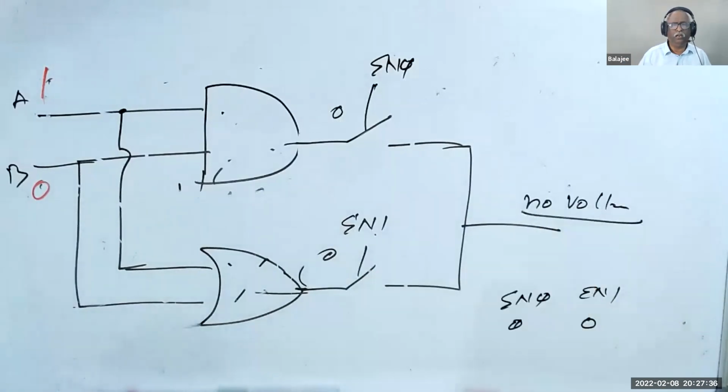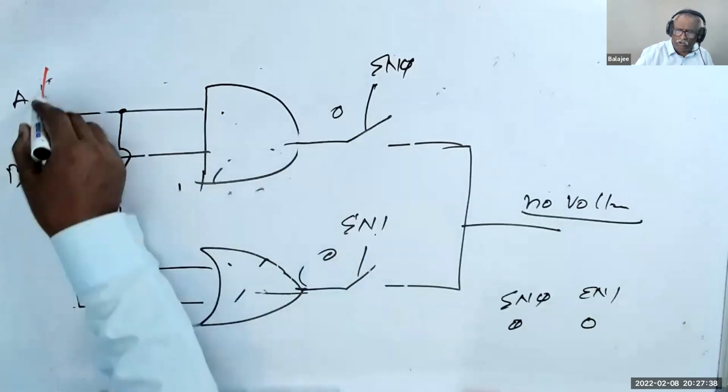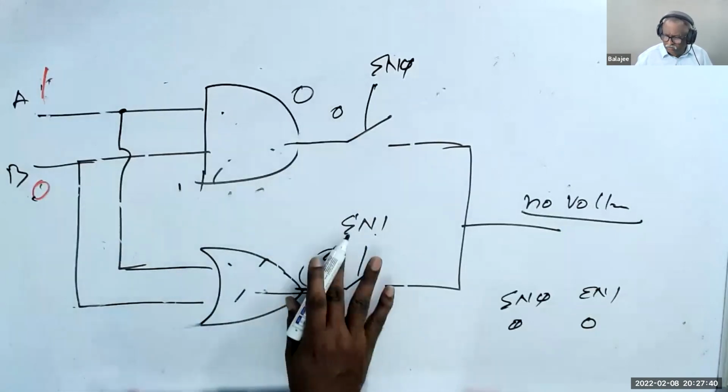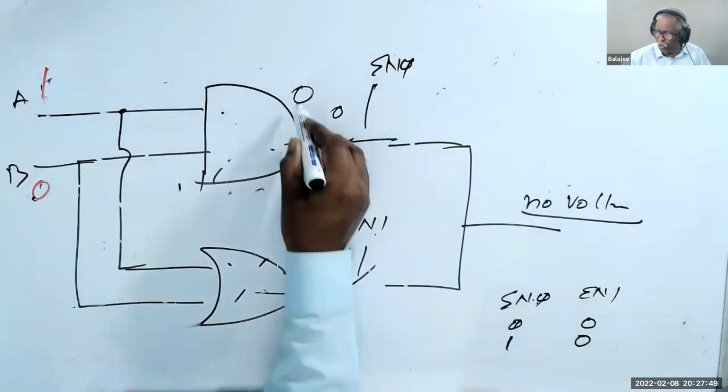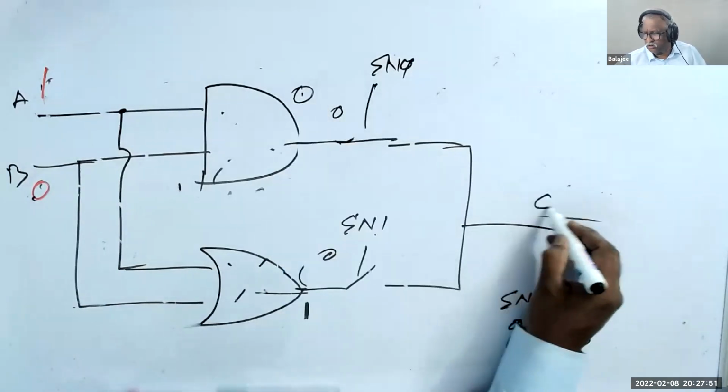Now when enable 0 is 1 and this is 0, then this is connected, so this 0 volt goes here and the output becomes 0 volt.